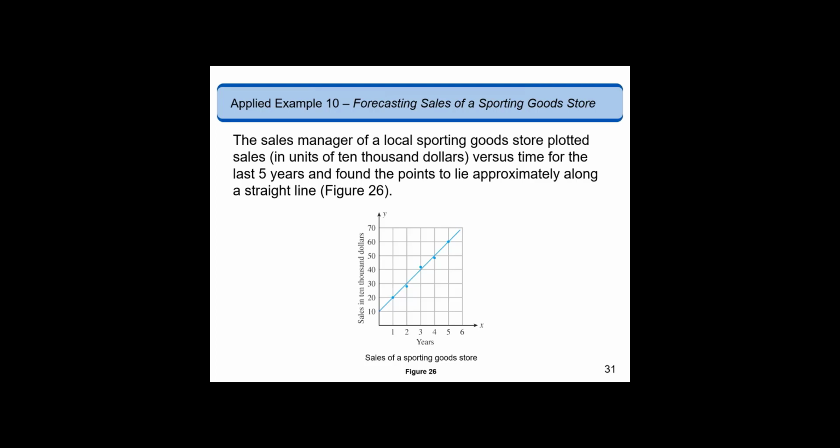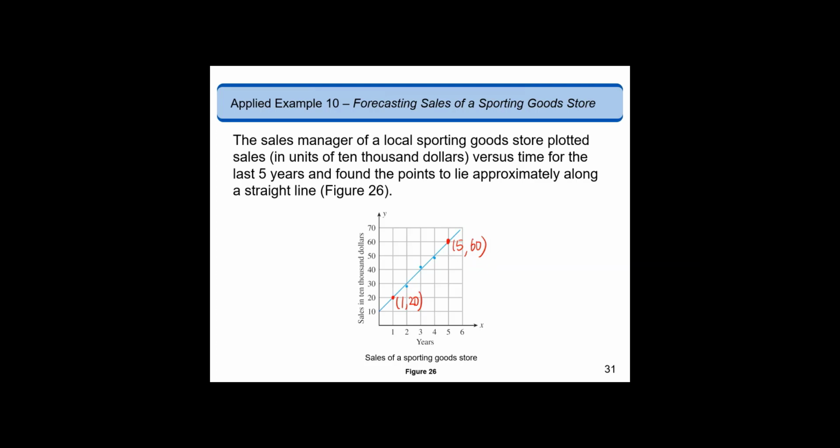On this line, we see points: at time t equal to 1, the sales are $20,000, and at time t equal to 5, the sales are $60,000.